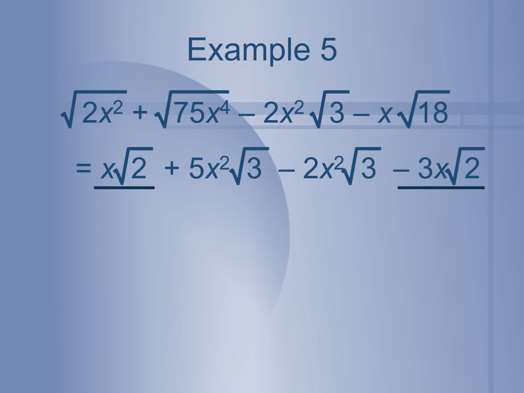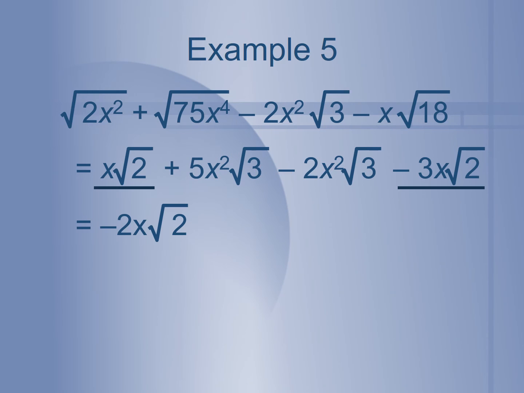And then you'll notice that we do have some like terms here. Both of these terms have a square root of 2 and an x. So x square root of 2 minus 3x square root of 2 gives us negative 2x square root of 2. And then we can combine these terms.